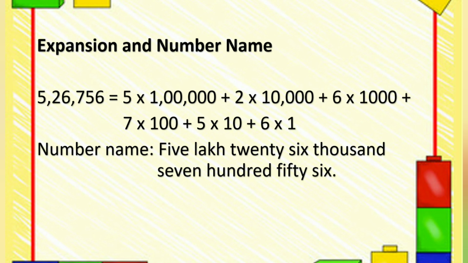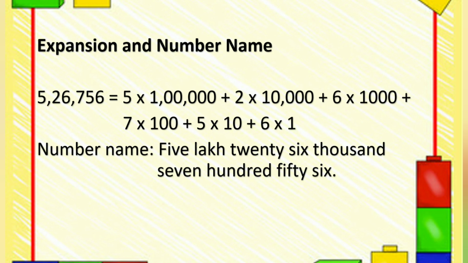So 5 is in lakhs place, so 5 multiplied by 1 lakh, plus 2 is in 10,000s place, so 2 multiplied by 10,000. 6 is in thousands place, so 6 multiplied by 1000, plus 7 in hundreds place, so 7 multiplied by 100, plus 5 in tens place, so 5 multiplied by 10, and 6 in ones place, so 6 multiplied by 1.